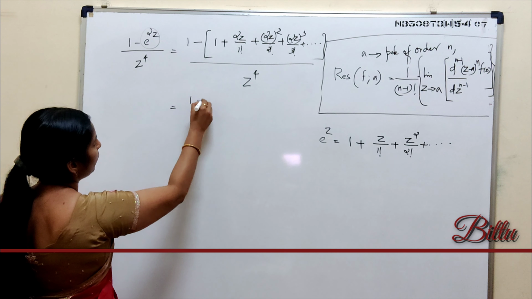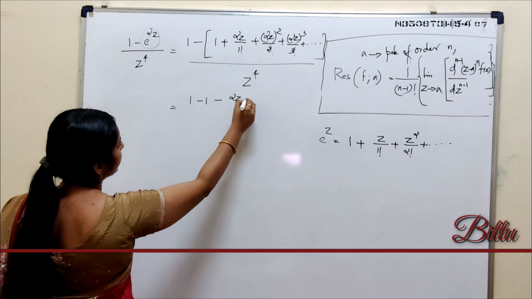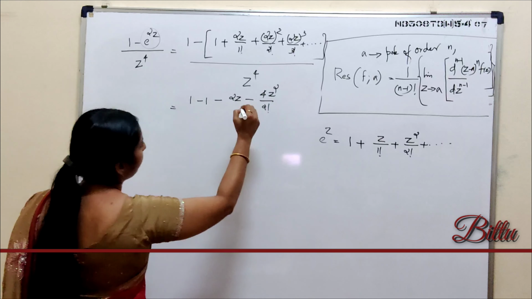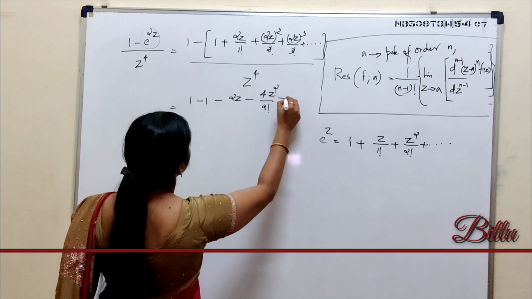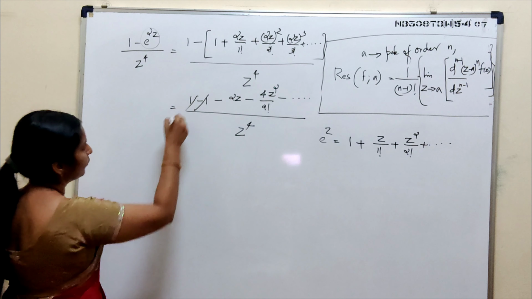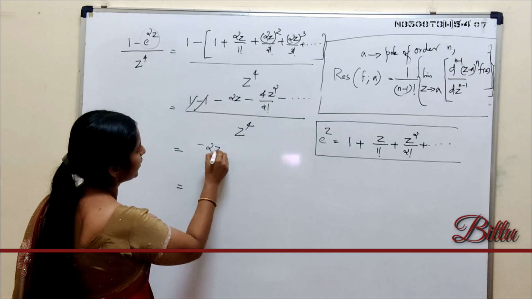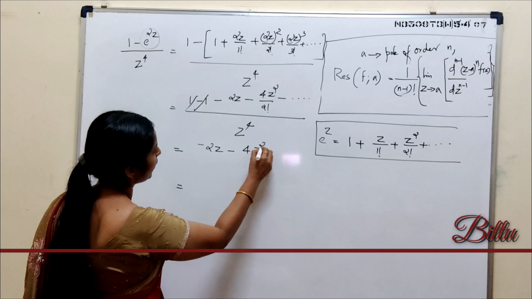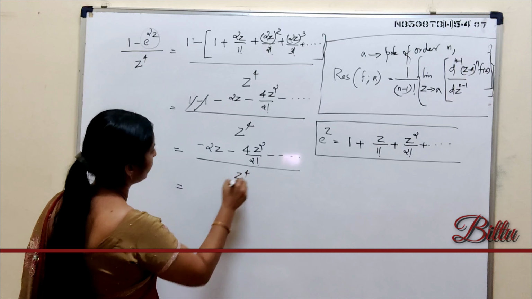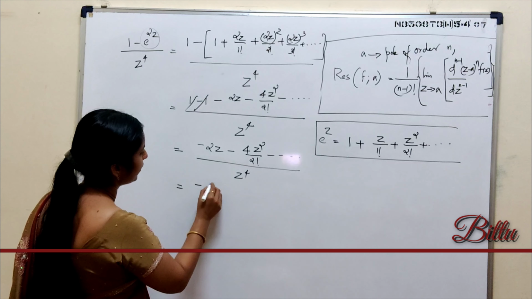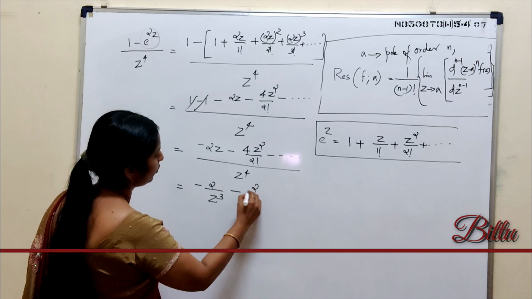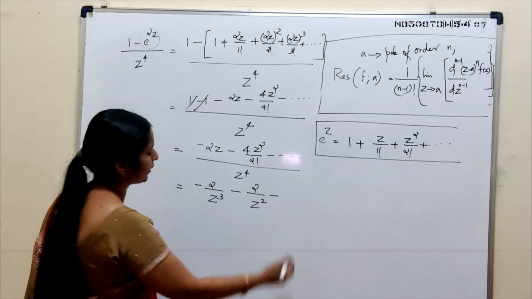It is 1 minus 1 minus 2z minus 4z square by 2 factorial minus etc., whole divided by z raised to 4. It is minus 2z minus 4z square by 2 factorial minus etc. divided by z raised to 4. That is minus 2 by z cube minus 2 by z square minus.